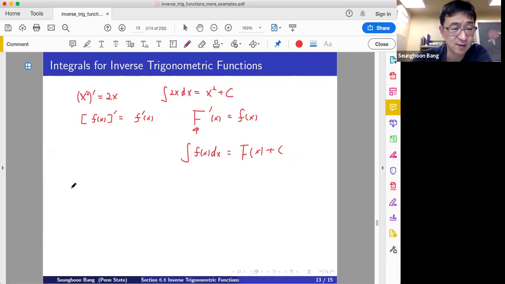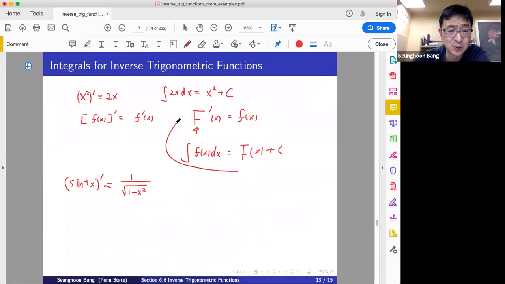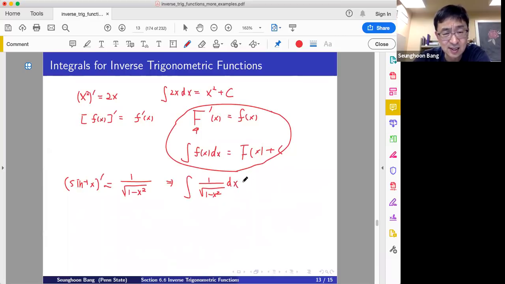So we have here, we know that the derivative of inverse sine of x is 1 over the square root of 1 minus x squared. Right? We have it. So we can use this rule. So what is the answer? The integral of 1 over the square root of 1 minus x squared dx is inverse sine of x plus c.